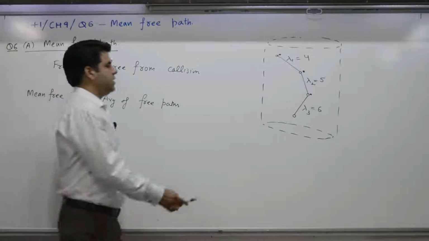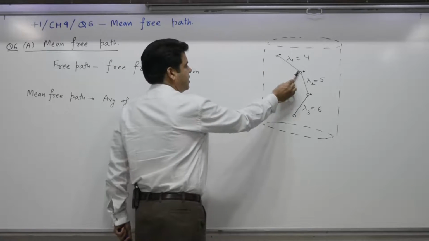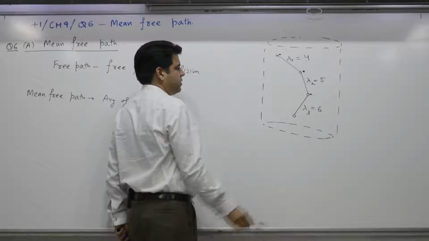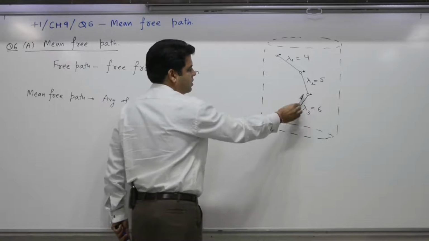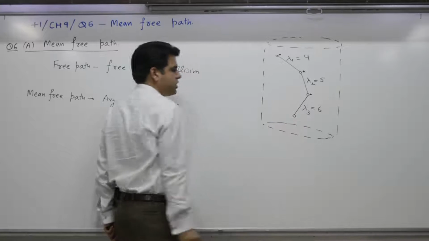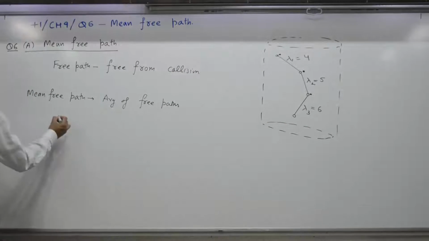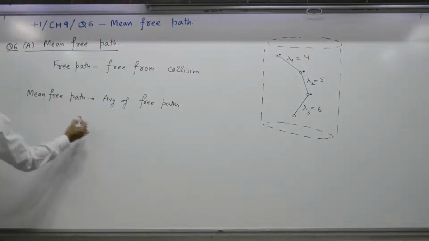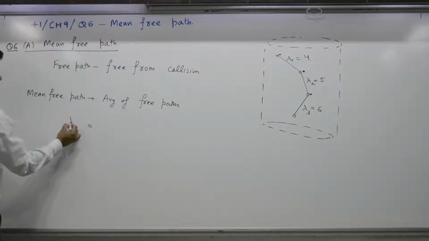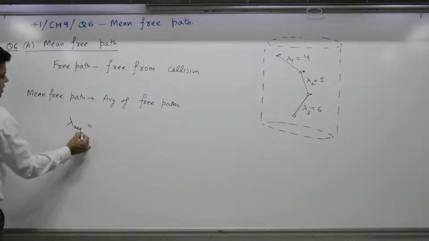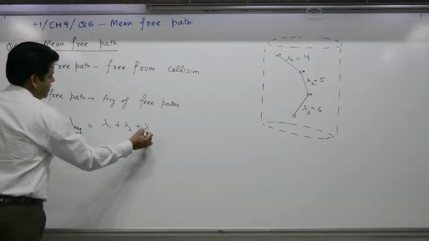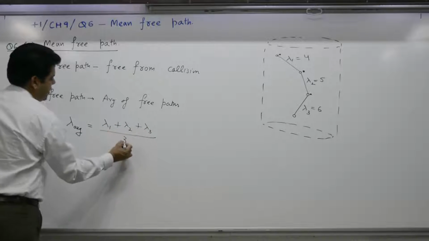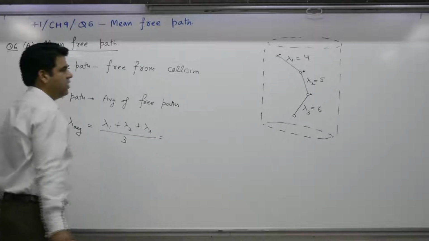For example, here the first free path length lambda 1 is 4 units, the second lambda 2 is 5 units, the third lambda 3 is 6 units. So the mean free path, lambda mean or average, is lambda 1 plus lambda 2 plus lambda 3 by 3. In this particular example, what is the value of lambda 1?